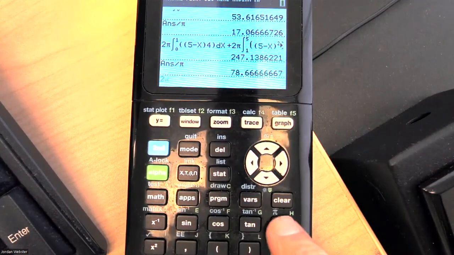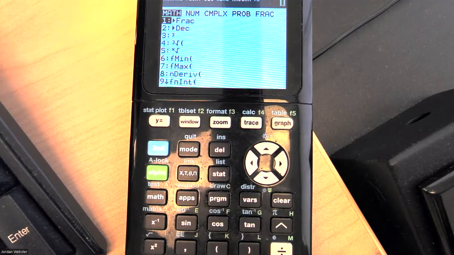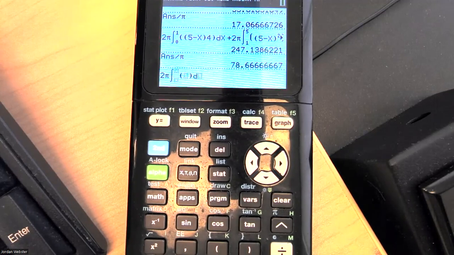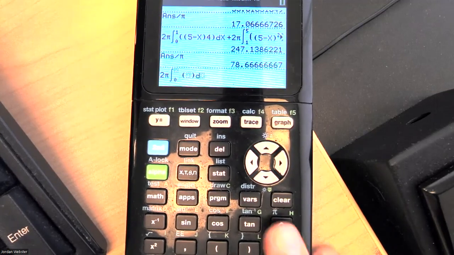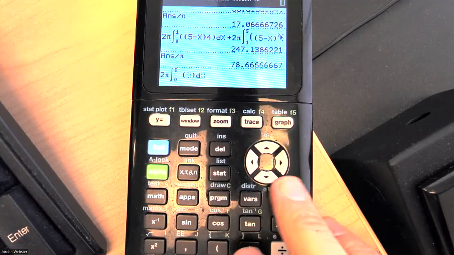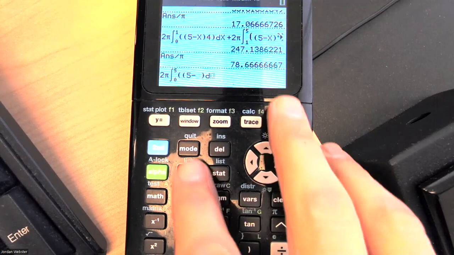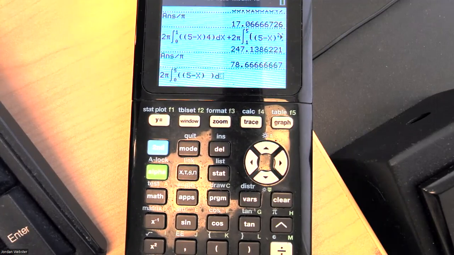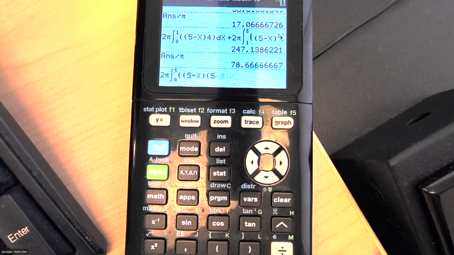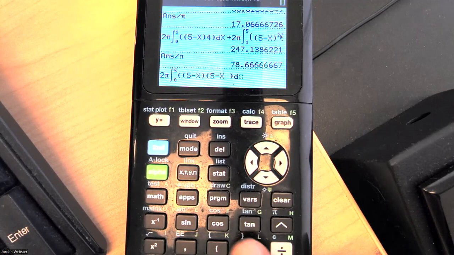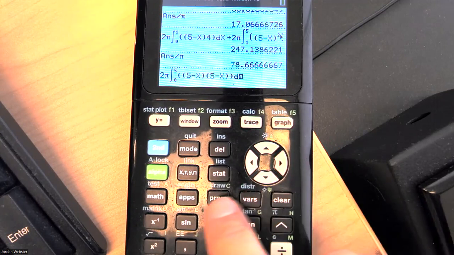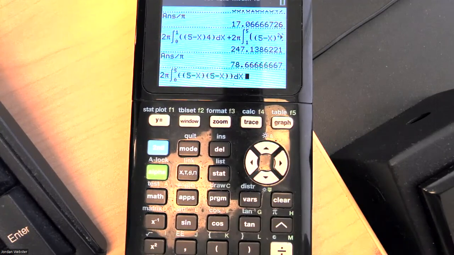Now this one is going to be 2 pi integrate from 0 to 5. My radius is 5 minus x. And my height is also 5 minus x. Could have just squared that, I guess. But that's the big triangle rotated around.